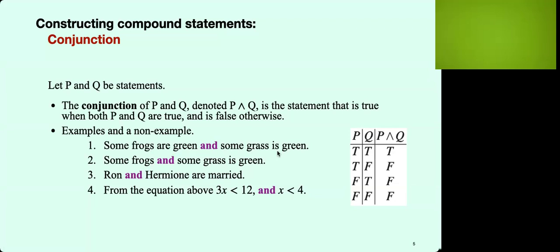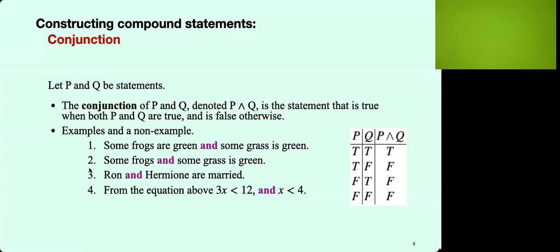And some grass is green. I'm looking at the grass in my backyard and it's green today, so I think that some grass is green is also true. So this particular item 1 as a conjunction happens to be true because the two component pieces P and Q are both true.